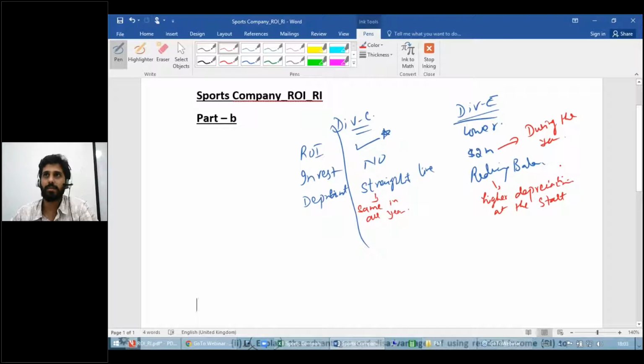All right. Now, a higher depreciation figure would be reducing your profit figure, right? Higher depreciation would be reducing your profit figure.